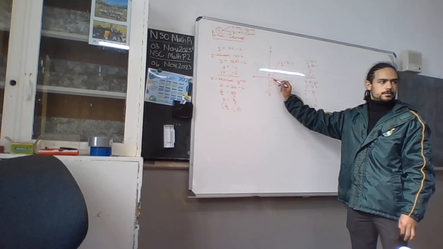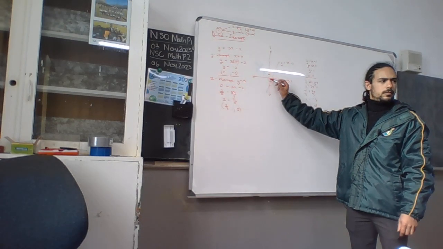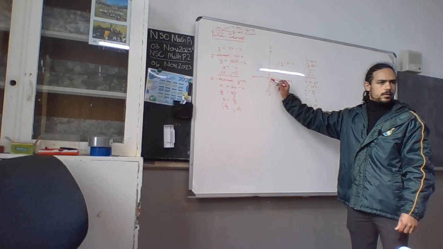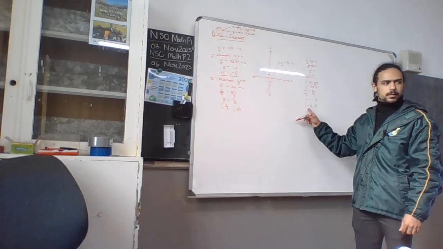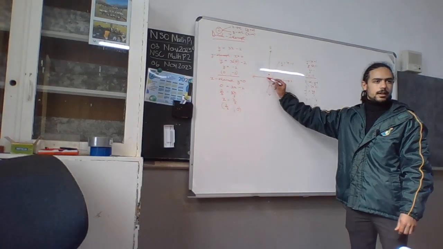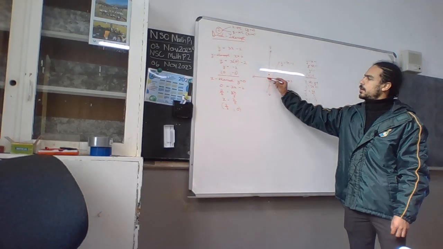Behind 1? Yeah. 0.3. So there. Check again. There's a negative sign. So it should be on that side, right? So if this is 1, it's probably going to be there.